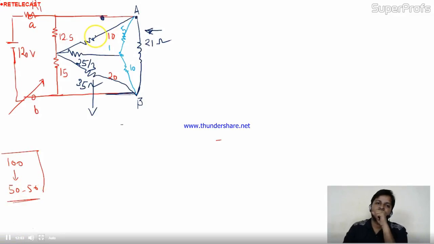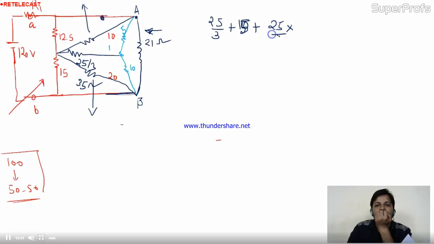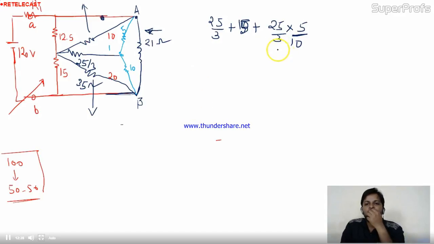The third branch is this one. And the value of this is nothing but 25 by 3 plus 5 plus 25 by 3 into 5 divided by the remaining branch, and that is 10. Any problem?